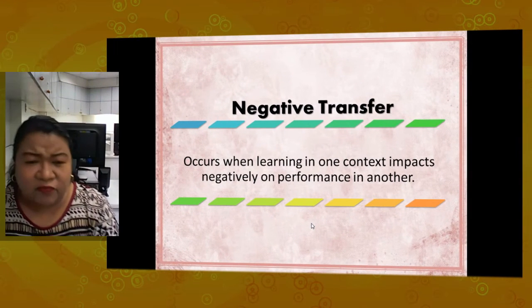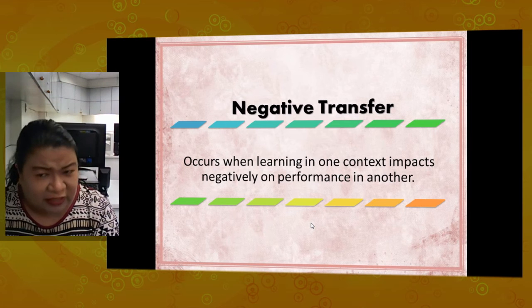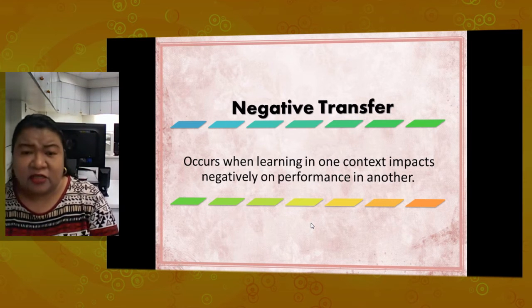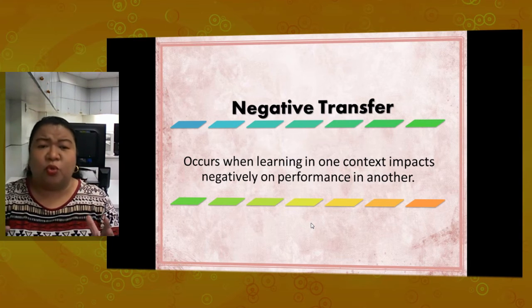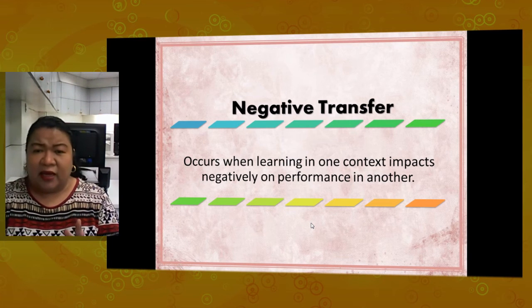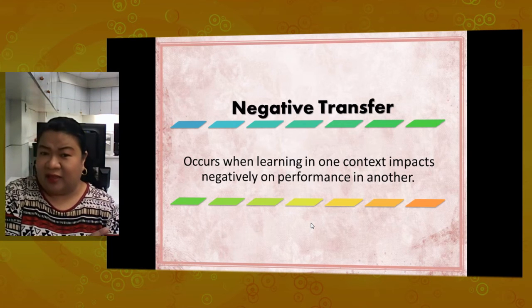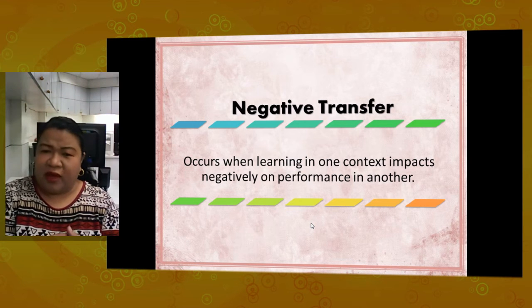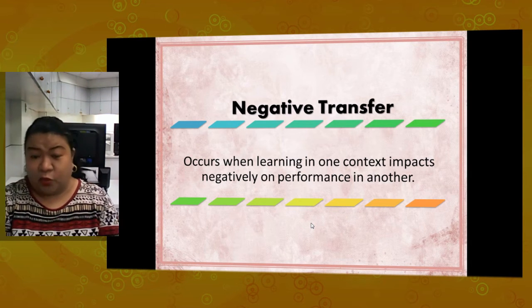Now, negative transfer occurs when learning in one context impacts negatively on performance in another. So it's the opposite. This time, what you know previously will make it difficult for you to learn a new skill because of how different this previous learning is to the new one.